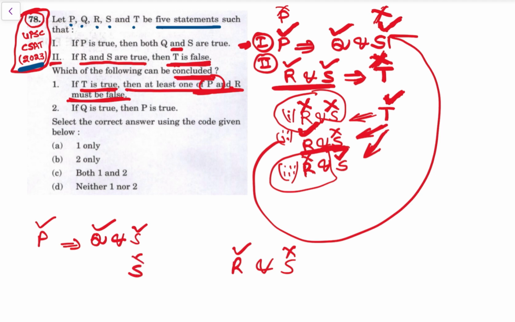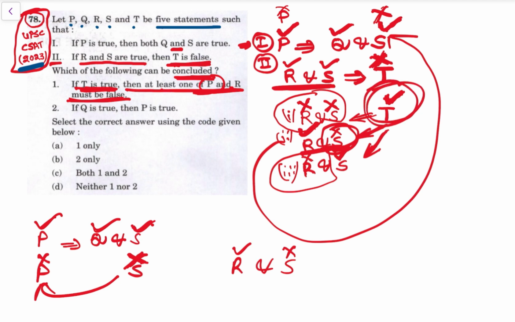When S is false, which is the case here, that means P will be false, because P is true only when Q and S are true, ठीक है. S is false means then P is also false. So if T is true, then at least one of P and R, P false है, अगर R true है तो P false होगा. So at least one of P and R must be false. So this is correct answer.